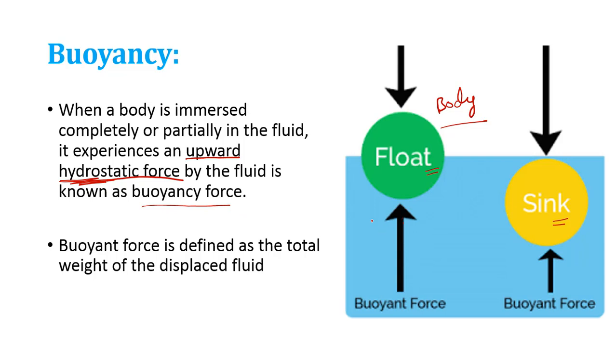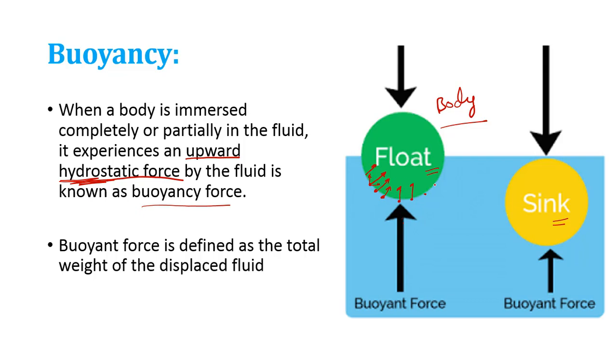So basically how will this upward force come? Let's suppose we are talking about the fluid particles here, and here there will be a certain pressure, and it will be normal to the body surface. So like this, normal. If I take the components of these forces, one will be horizontal and one will be vertical.